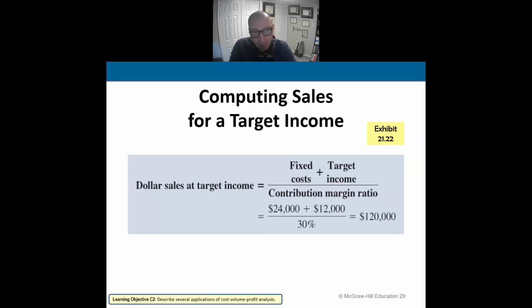To find the target income in terms of sales dollars, I take fixed costs plus the target income, divided by the contribution margin ratio. Remember, contribution margin ratio is your contribution margin per unit divided by the sales price per unit. So contribution margin ratio, $30 divided by $100, 30%.